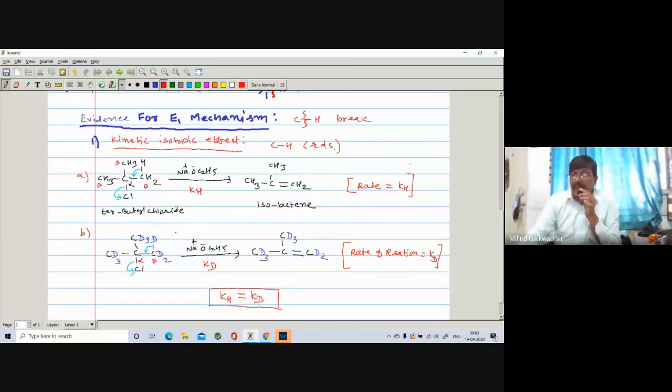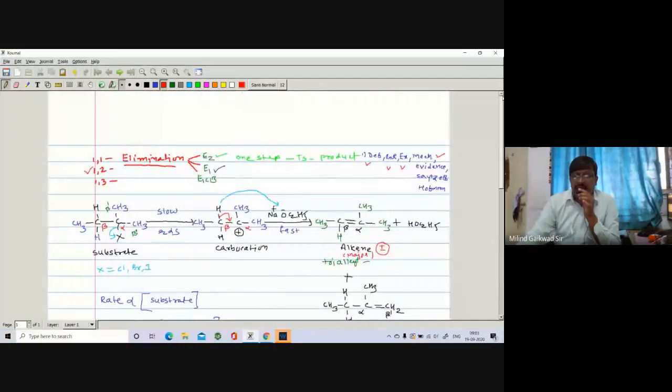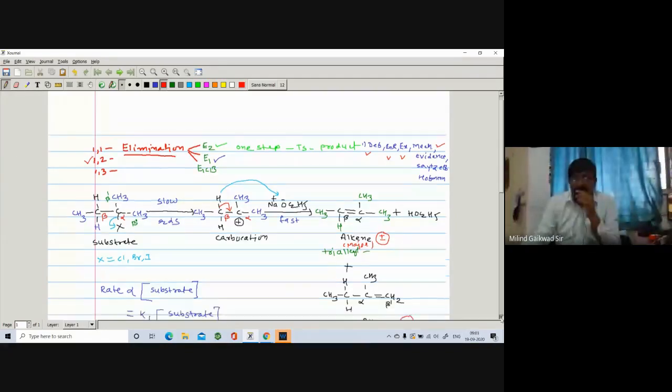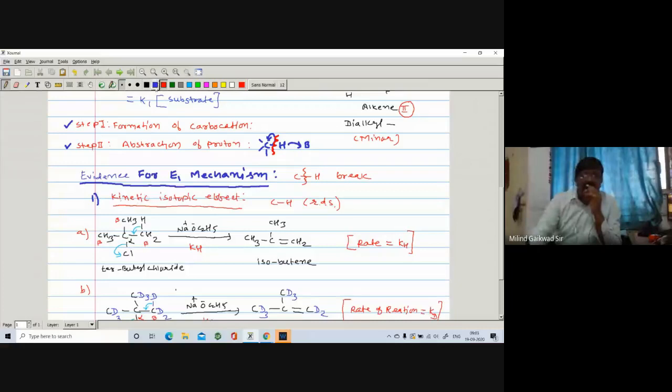And what does our mechanism tell us? Our mechanism tells us that in the slow step, there is no breaking of the bond between the C beta and H. But in the fast step, there is a breaking of the bond between the C beta and H. So it does not obey the kinetic isotope effect.